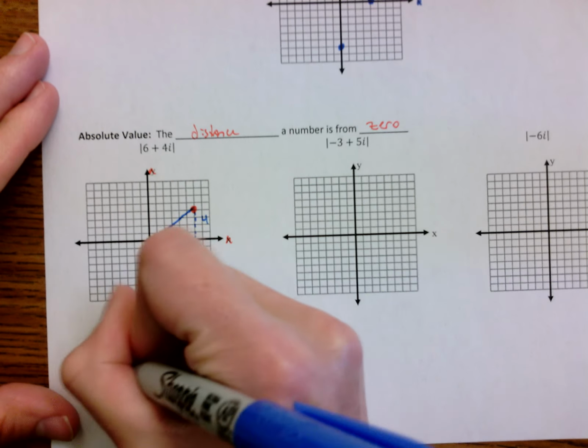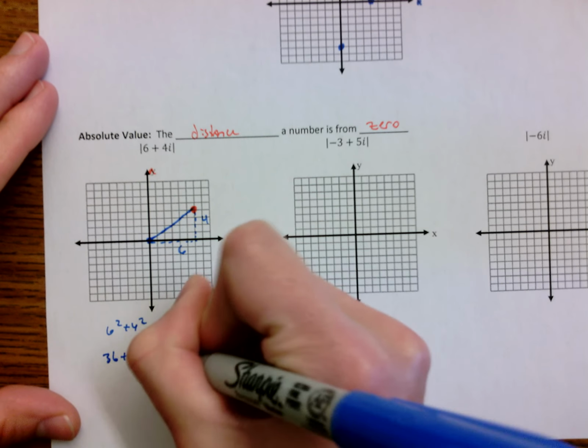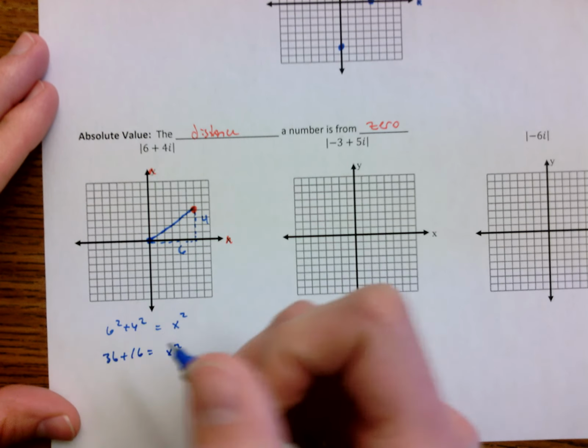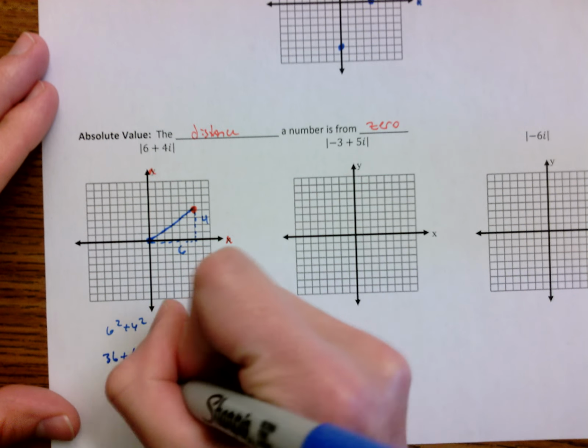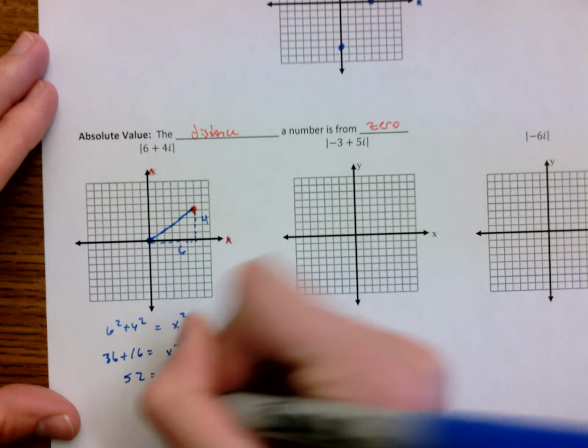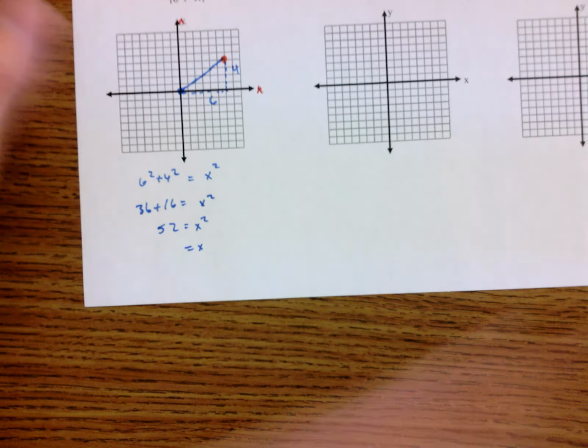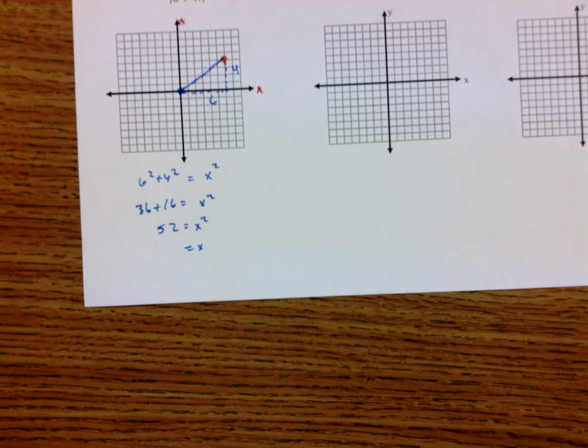So that's 36 plus 16. And then 36 and 16 is 52, I think. And then when I square root both sides, let's see, a perfect square that evenly goes into 52. 4 does 13 times, so 16 goes in there.